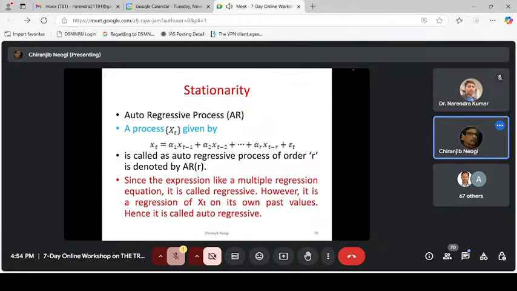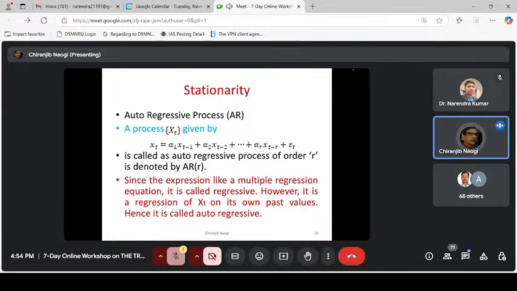Now, there are some properties of the autoregressive process by which I can conclude the series as stationary or non-stationary.